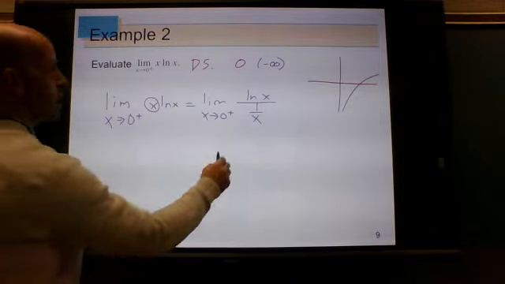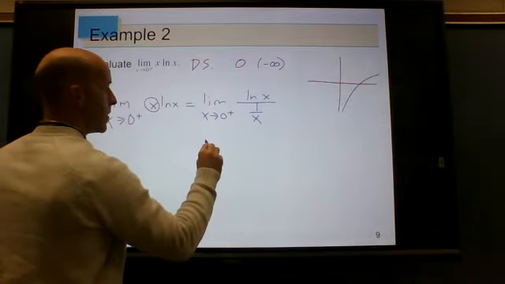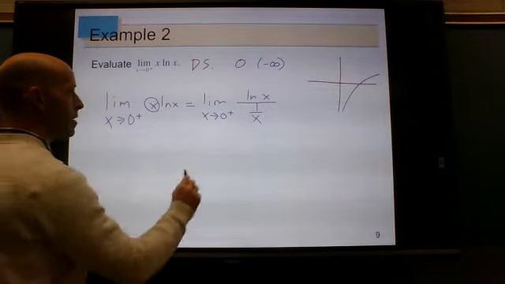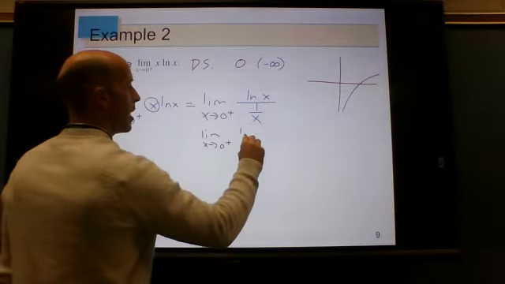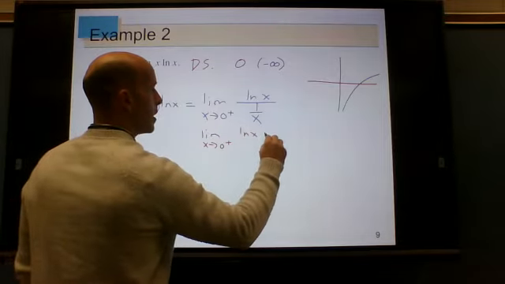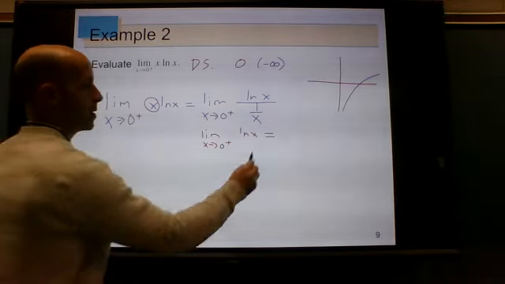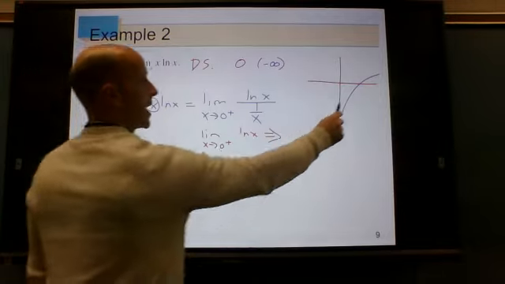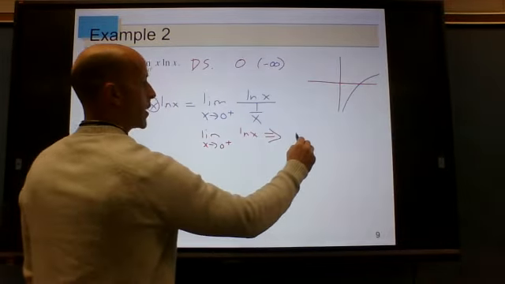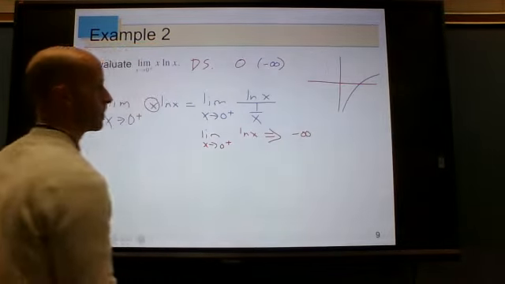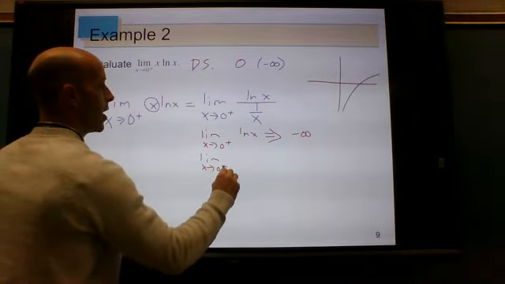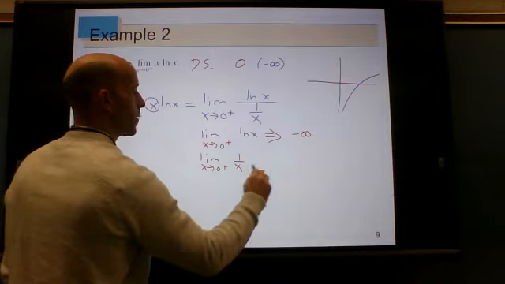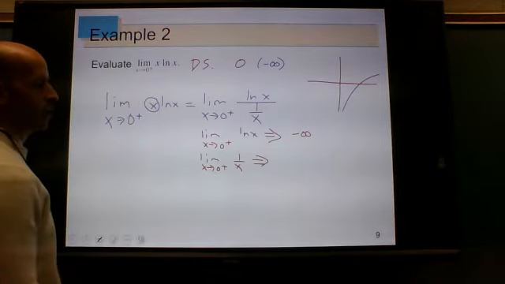Now I'm going to show you that when I do the limit, and let me do this in red here, the limit as x goes to 0 plus of the ln of x, what's that going to go to? Well, again, looking at this function here, this is going to go to negative infinity. If I do the limit as x goes to 0 plus of the denominator, which is 1 over x, what's that going to go to?